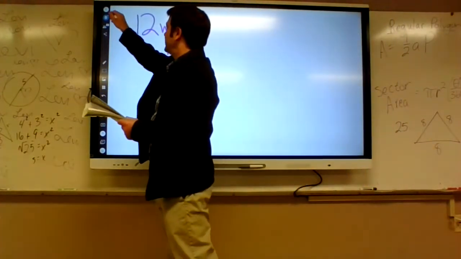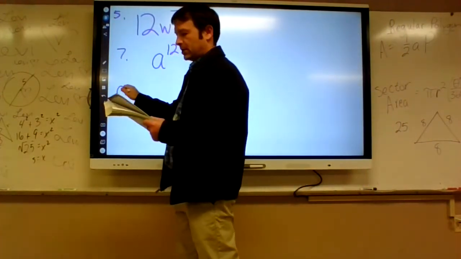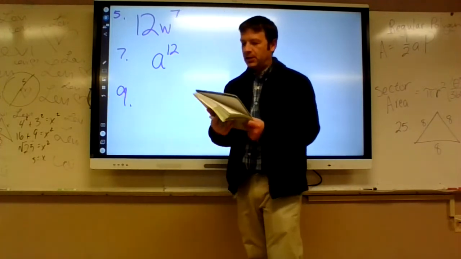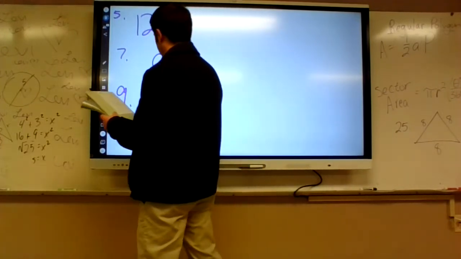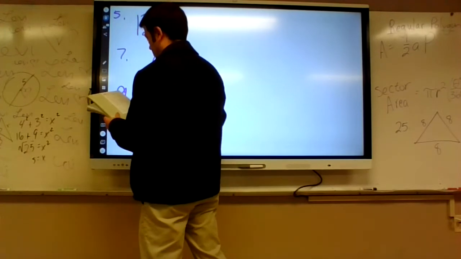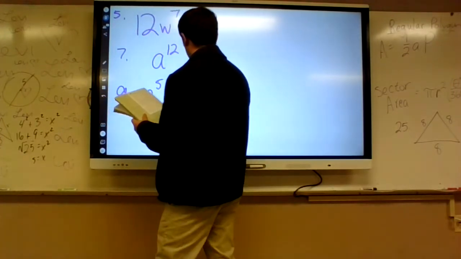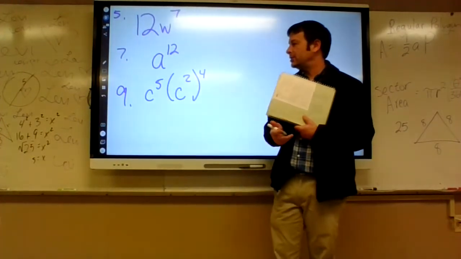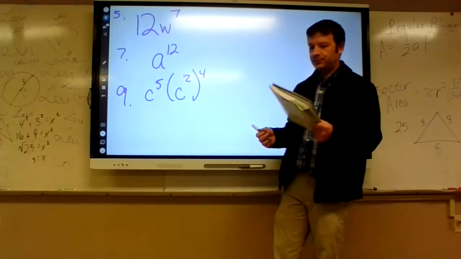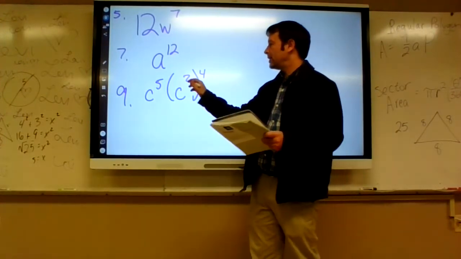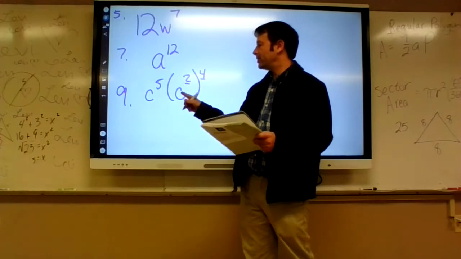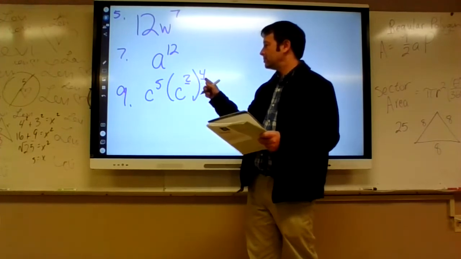Okay, that was 5 and 7. Okay, number 9. We got c to the 5th times c squared to the 4th. Alright, Issa, what should we do first on this one? Do the 2 exponents. Right, exponents come first before multiplying. So c to the 8th.